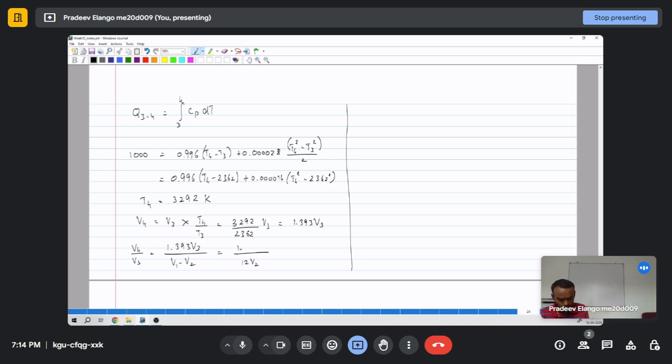V2 and V3 are the same. So this is 11.6%.